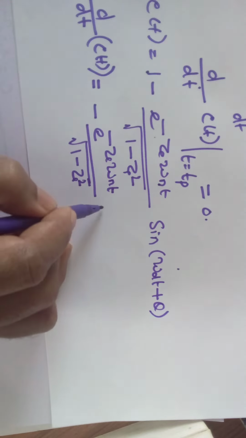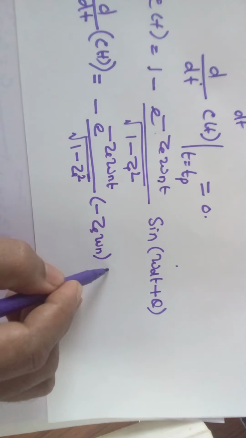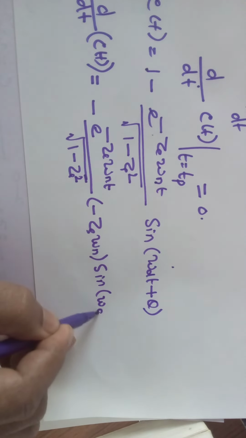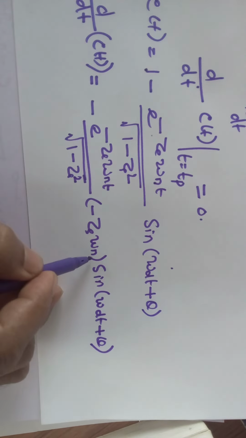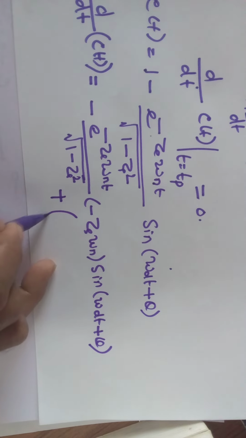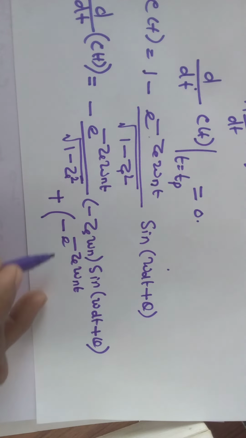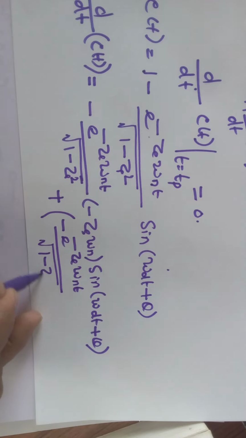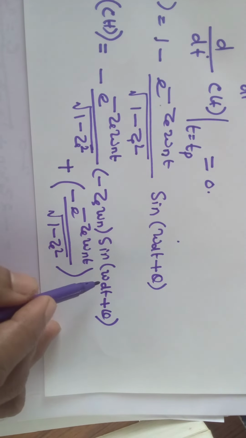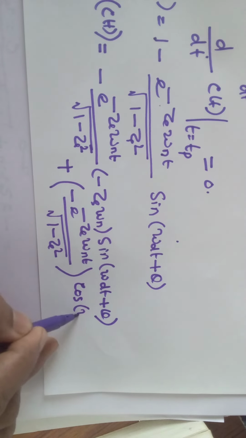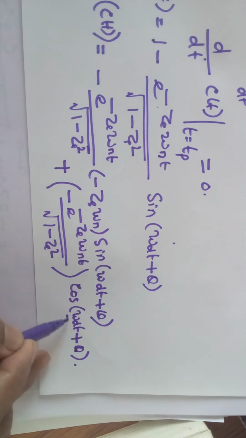So, here the constant is minus zeta omega n, into the second term sin omega d t plus theta. So the differentiation of the first term into the second term, plus the first term into the differentiation of the second term. The differentiation of sin theta is cos theta. So cos omega d t plus theta into this value omega d.